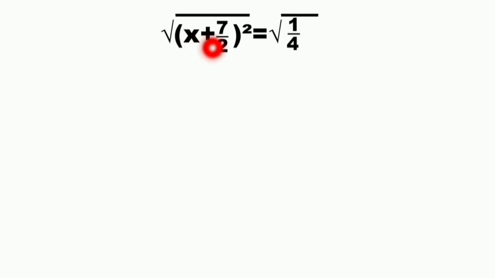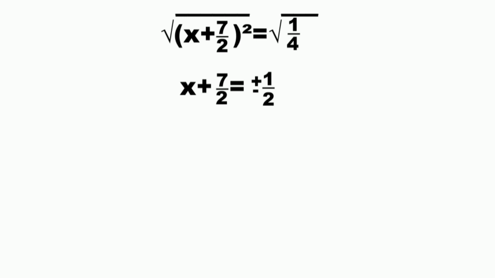We have the square root of x plus 7 over 2 squared equals the square root of 1 over 4. The square cancels with the square root, so we have x plus 7 over 2 equals the square root of 1/4, which is plus or minus 1/2.